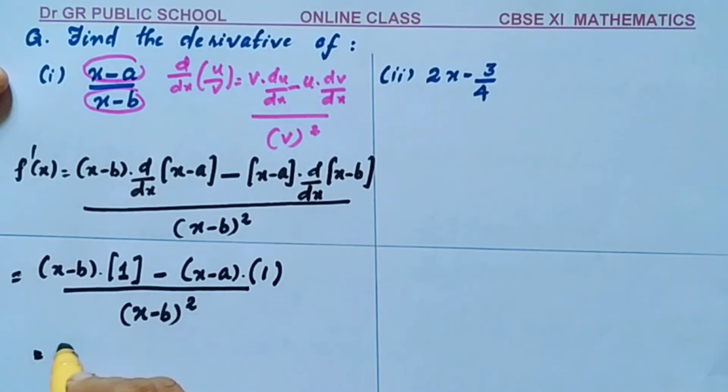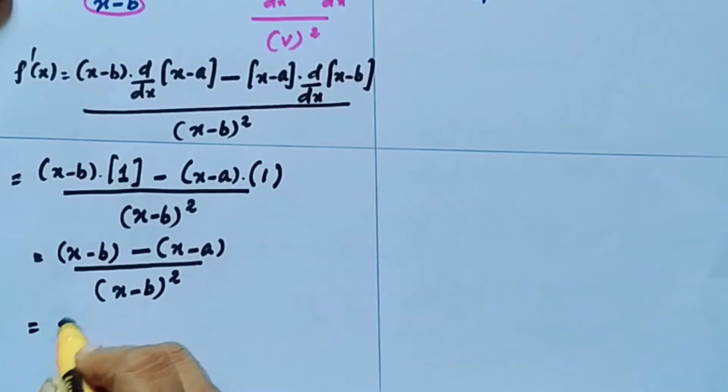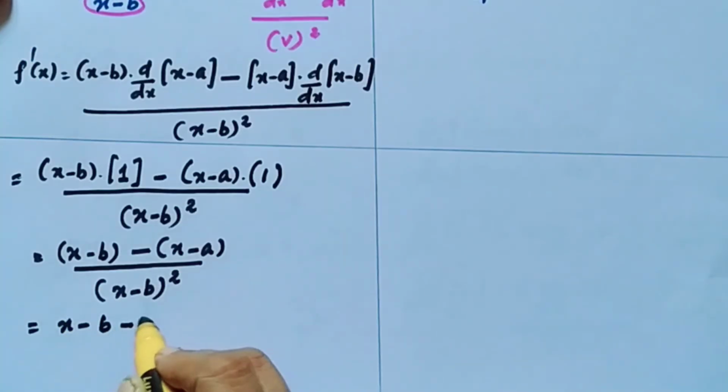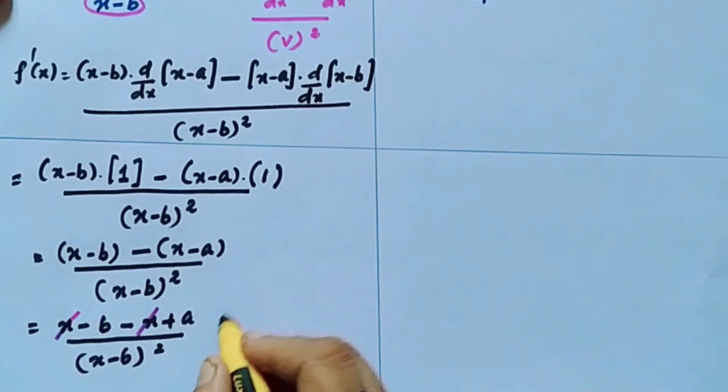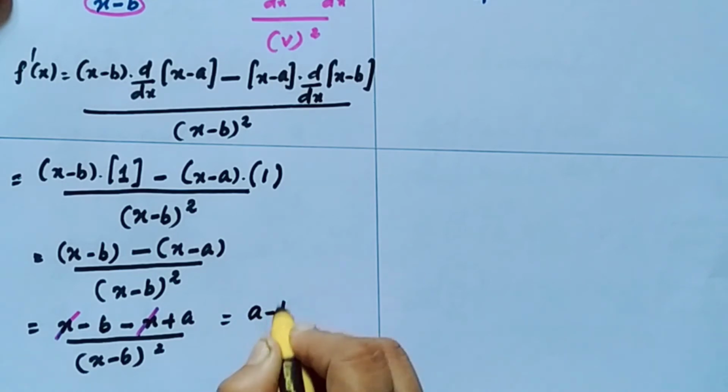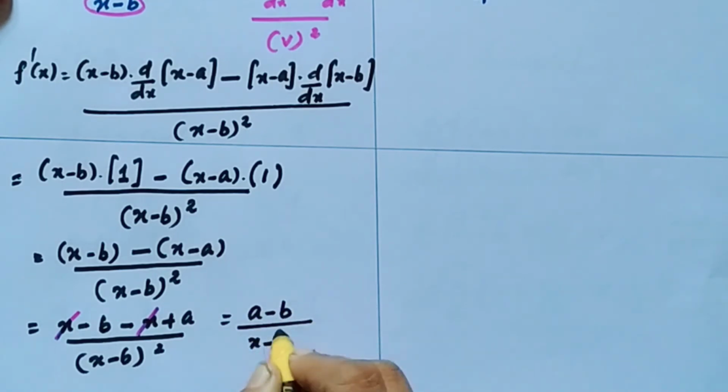We can write x minus b into 1 is x minus b, minus of x minus a, the whole divided by x minus b the whole square. Changing the bracket, we have x minus b minus x plus a, the whole divided by x minus b the whole square. Plus x minus x get cancelled. The remaining is minus b plus a, which we can write as a minus b divided by x minus b the whole square. This is the derivative of the given function.